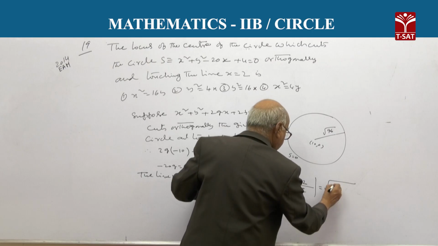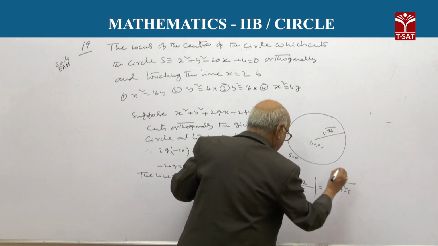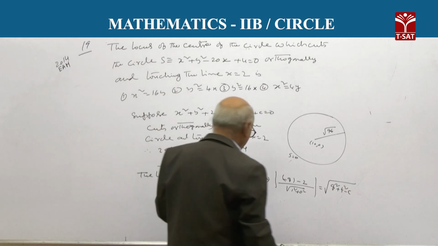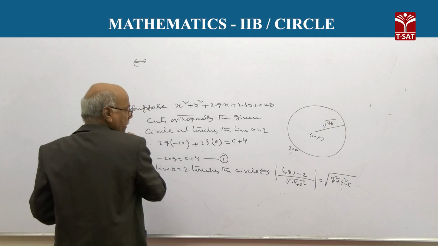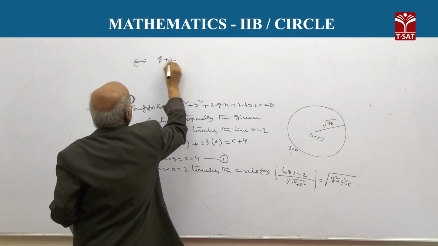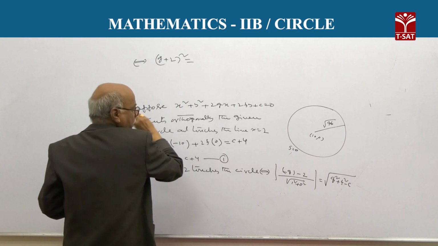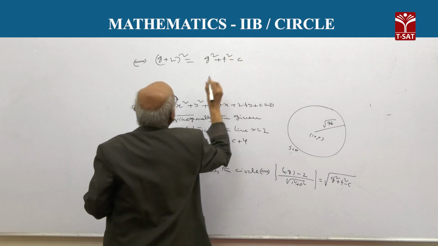Radius of the circle is root of g square plus f square minus c. So that is if and only if g plus 2 whole square is equal to g square plus f square minus c.